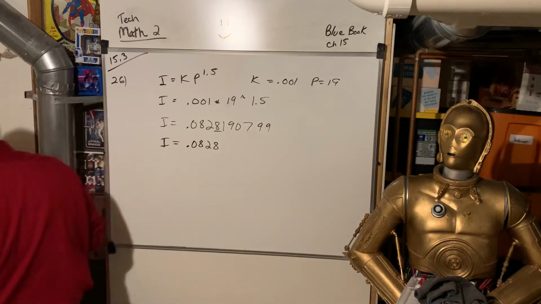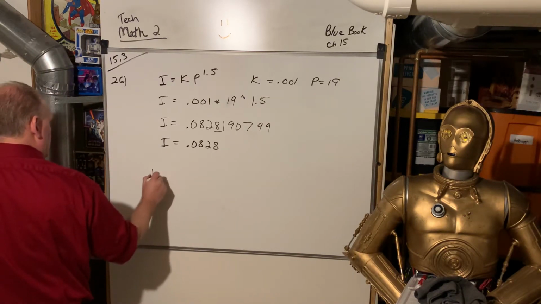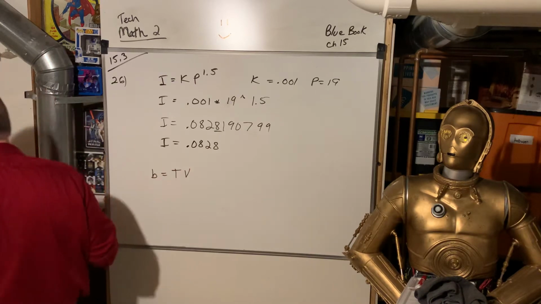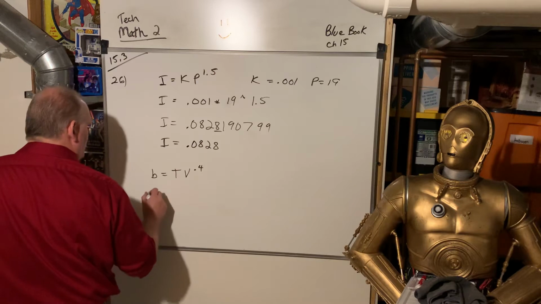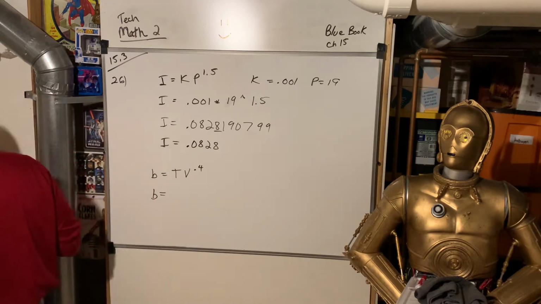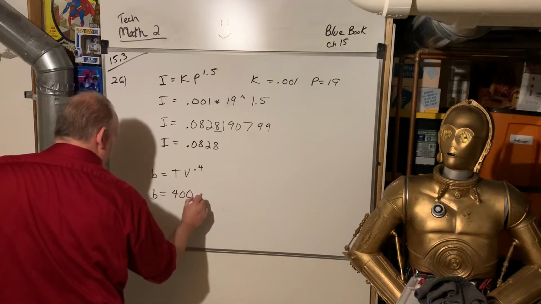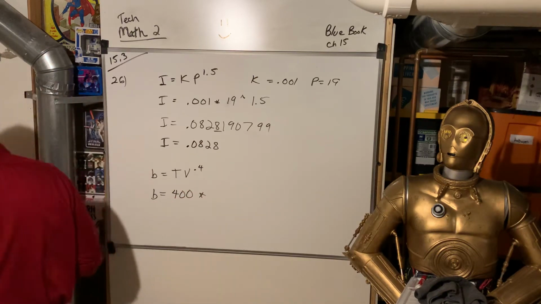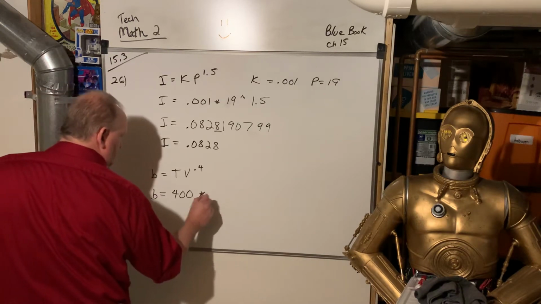Okie dokie. And then the second one, B is equal to TV to the 0.4 power. But then they give you all the information. T is 400. You do times V is 100, so 100 to the 0.4 power.